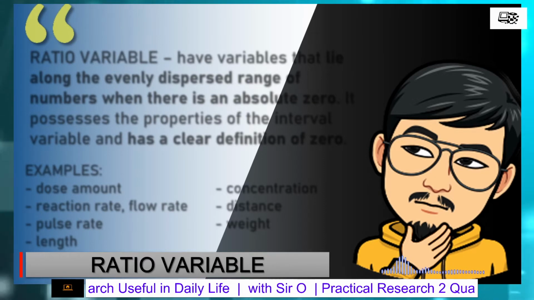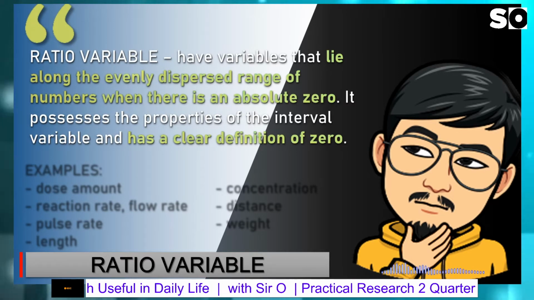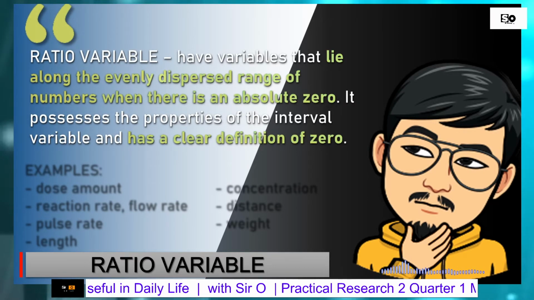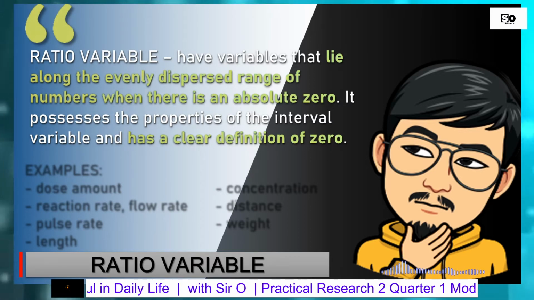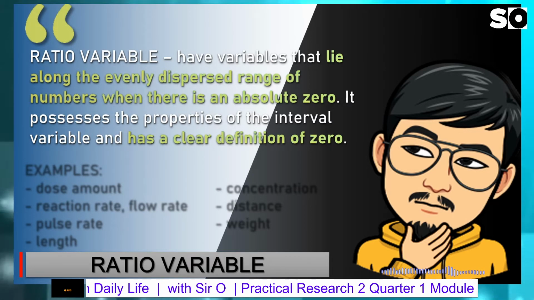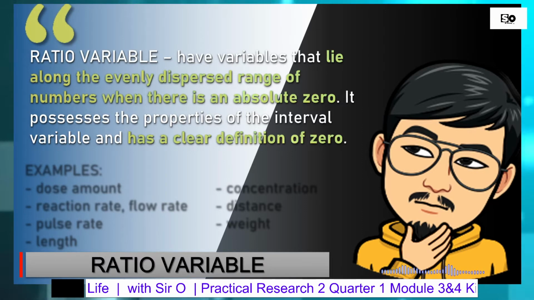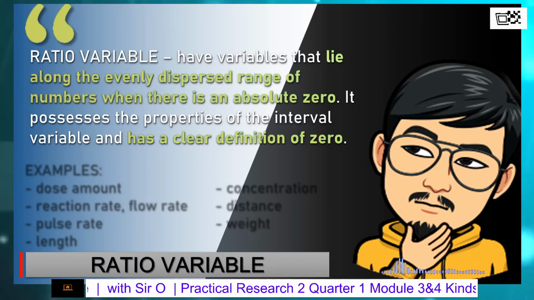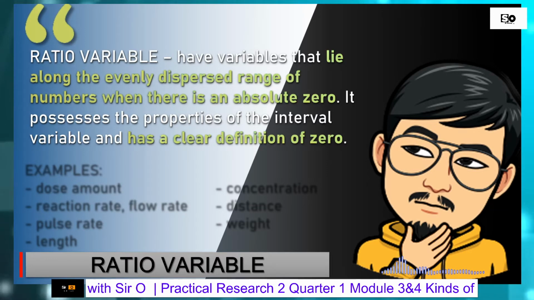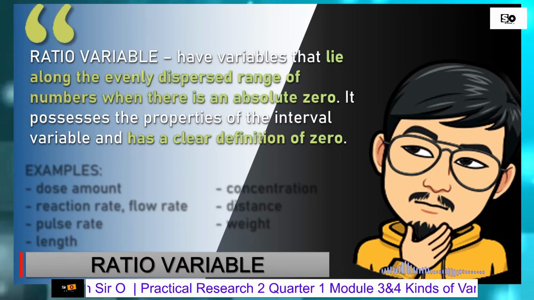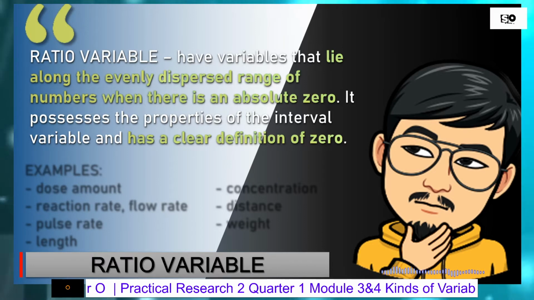Ratio variable. Ratio variables lie along an evenly dispersed range of numbers when there is an absolute zero. It possesses the properties of the interval variable and has a clear definition of zero. Ito ang mga kategoryang pasok sa value from 0 to infinity.